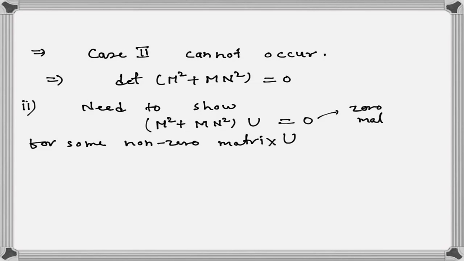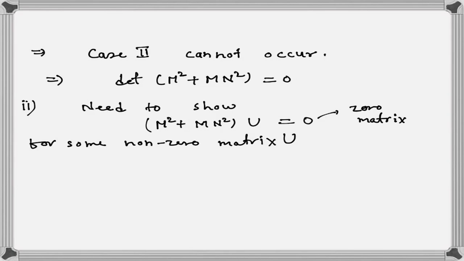I think it is easier to follow. Whenever there is a scalar, the 0 represents the scalar. Whenever on the other side it is a matrix, it represents the matrix. So we need to identify a non-zero matrix U for which this is true.